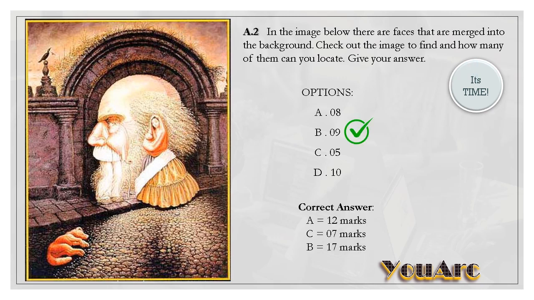Here the answer is 9. Since it is PTQ type, you get marks for other options as well, but if you give the accurate answer, then you will get 17 marks.